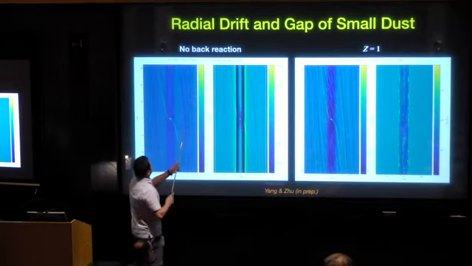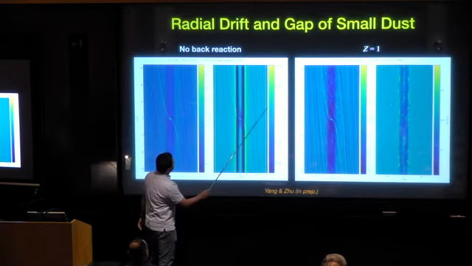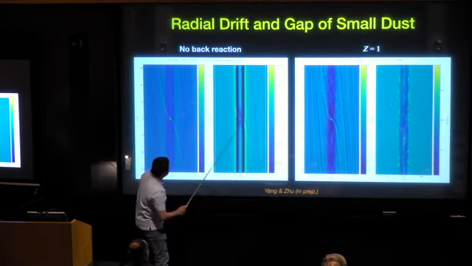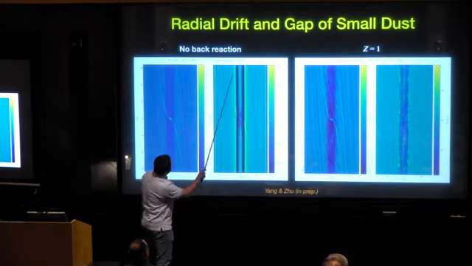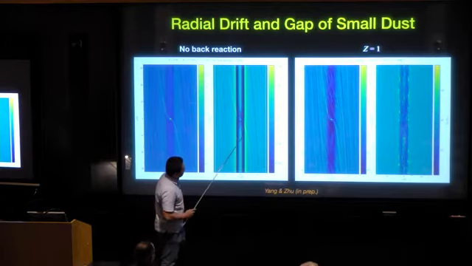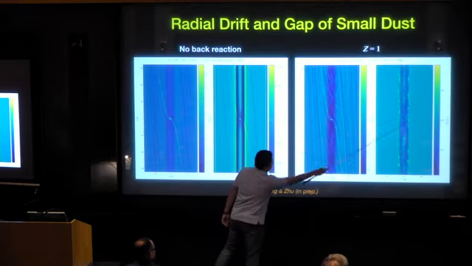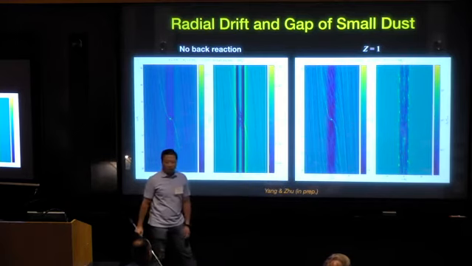And how about the radial drift? This is what I see. Without back reaction, you do collect dust particles at the outer edge, and also some accumulation on the inside because of the planet pushing particles away. However, if you turn on back reaction, everything breaks up into small vortices.